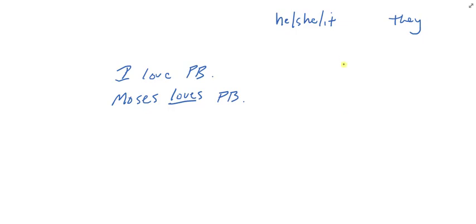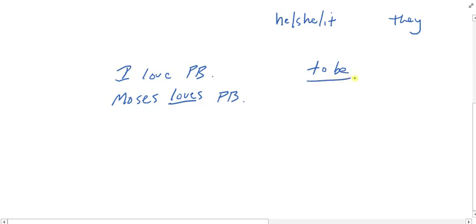But the verb to be in English, there you do see a lot of variation among the present tense forms in order to have agreement with the right person and number, right? So if I want to say I, for example, do I say I be? I are?